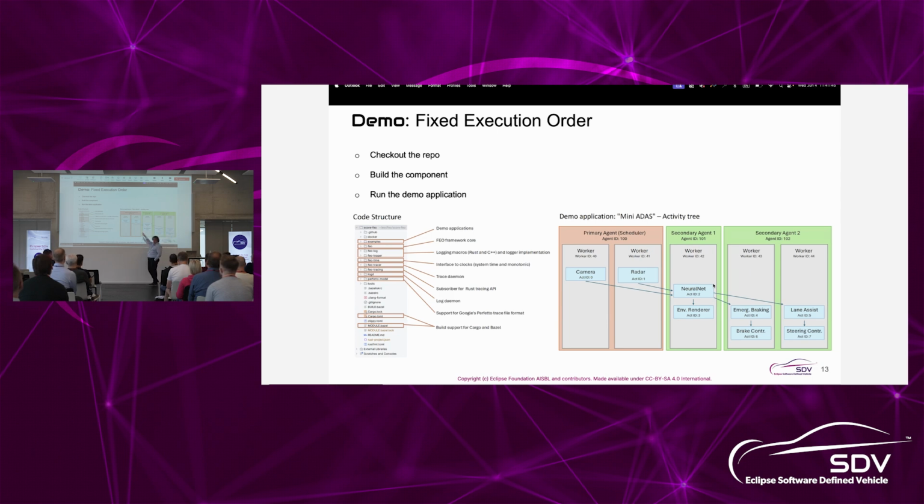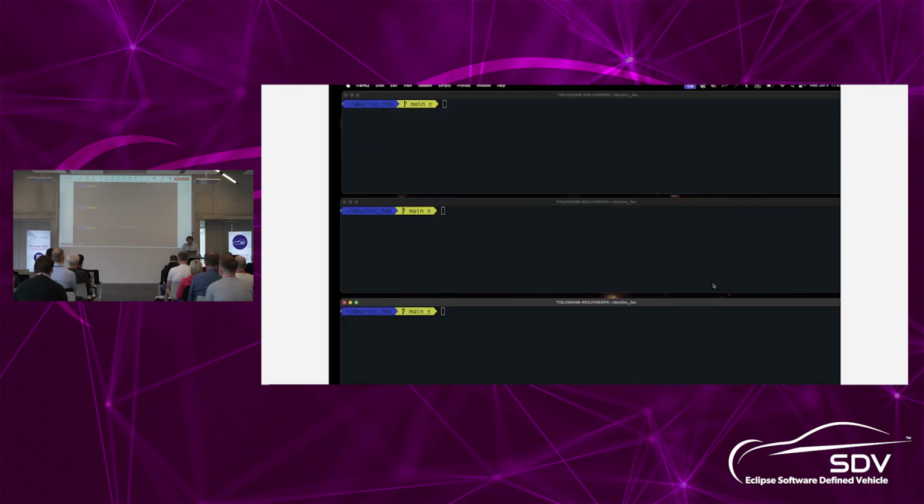We have sensor input data. We have actuators that are controlled, braking and steering, and they run in different processes and activities and whatnot. If you're interested in this, you're very welcome to dive into this. As I said, it's all on GitHub. I will just prove to you very quickly that it's reality. There is actually code and you can run it.